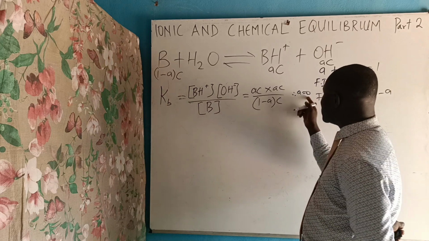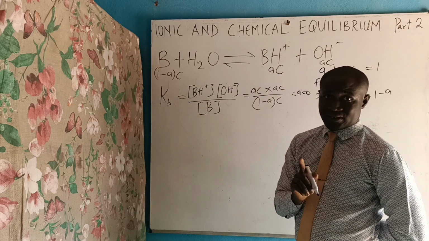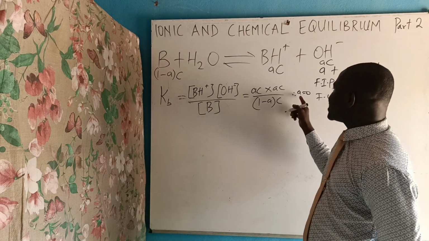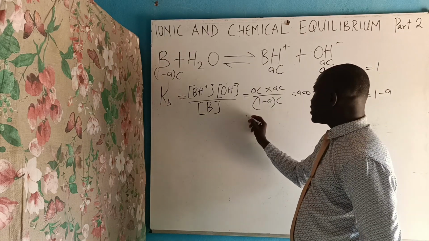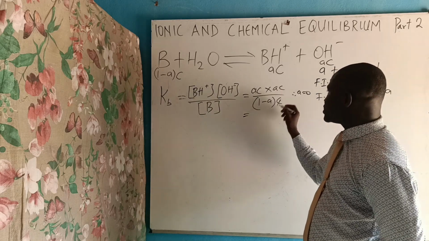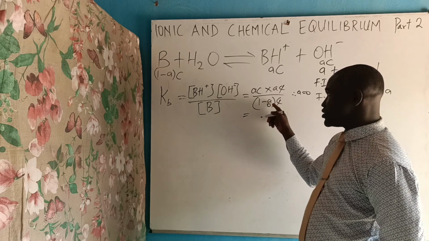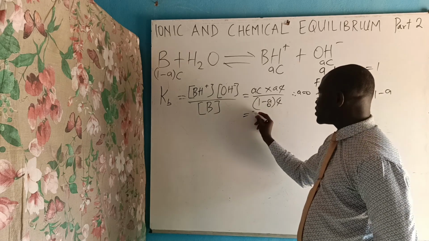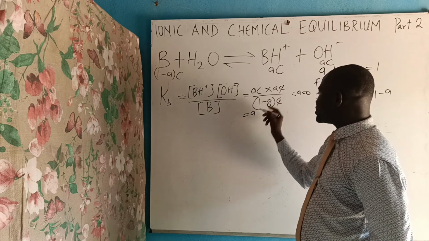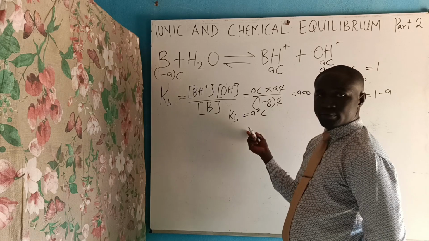So we say 1 minus A is approximately 1, because it is dominated by the unionized part. Are you getting it? So 1 minus 0 is 1, and this gives A squared C, which is equal to Kb.